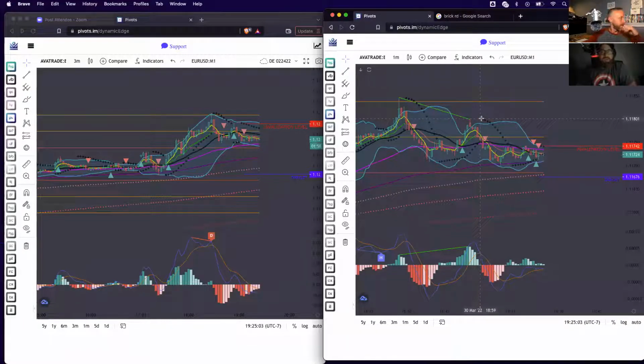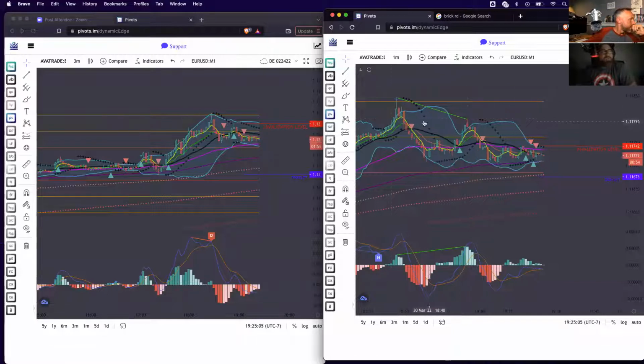This was something else that was really interesting too, was that where we had divergence, we had rejection of a line. This is one of the steps in the process that James has taught us with Dynamic Edge. We're looking for a divergence where there's a discrepancy between the histogram down here and the actual price action up top.